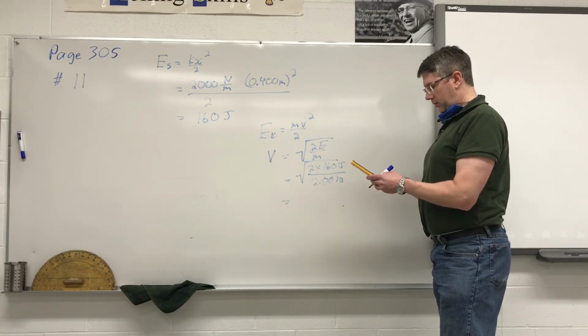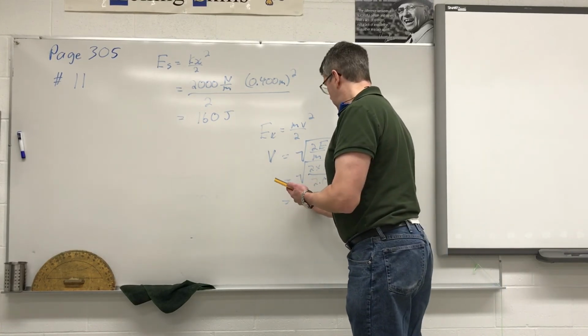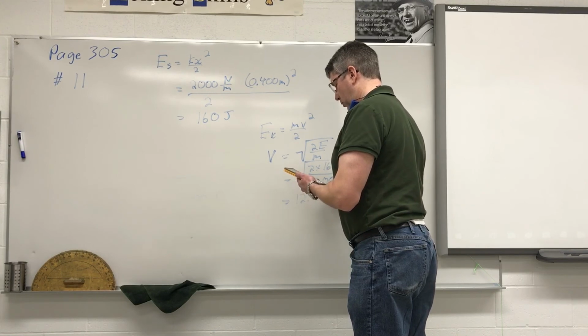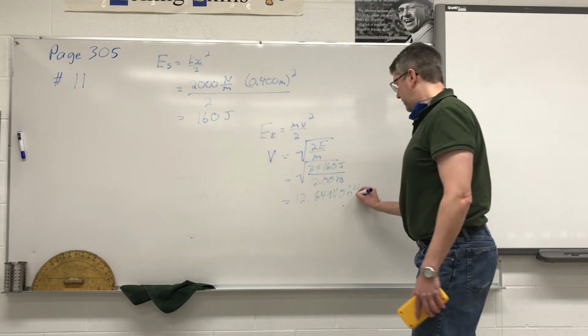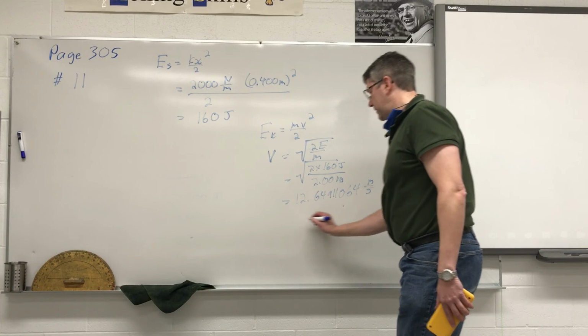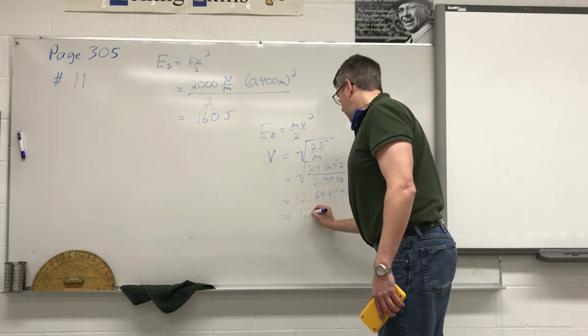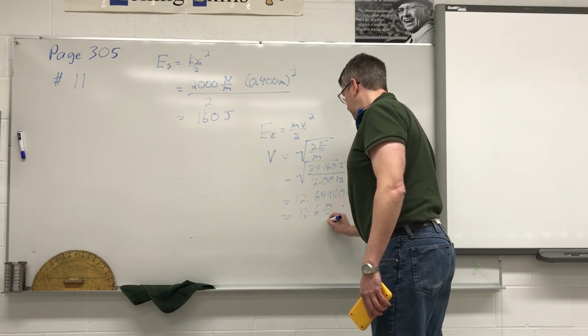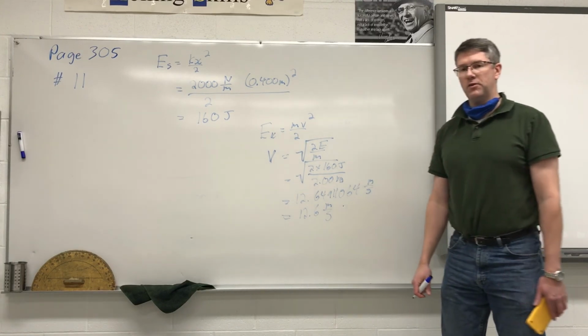Square root of 2 times 160 divided by 2, and that gives us 12.64911064 meters per second. So that will be 12.6 meters per second as the velocity of the mass when it leaves the spring.